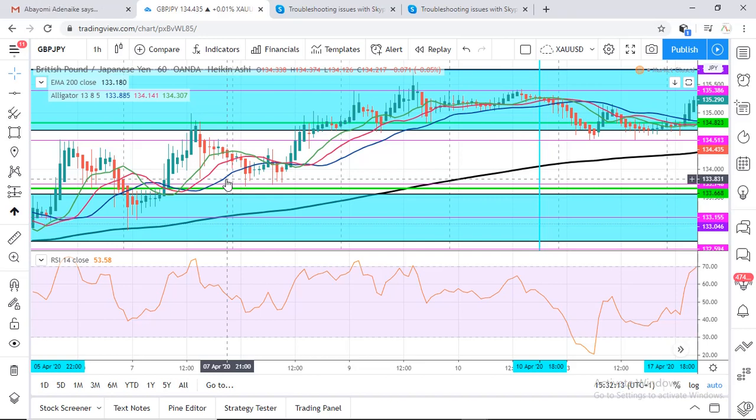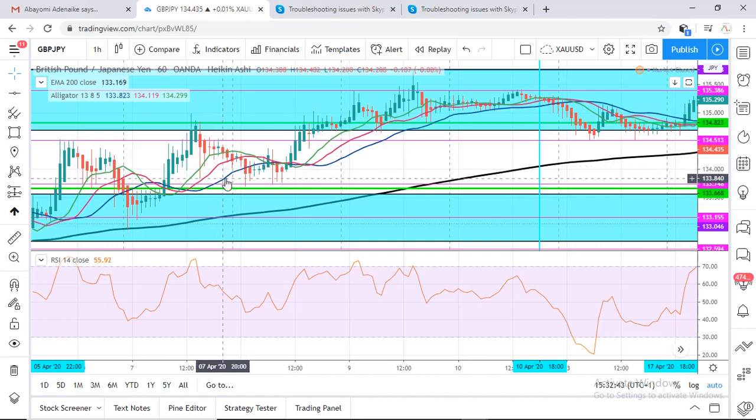Now, what's the importance? The green line responds faster to price change. It's a moving average of 5. And we have the red, which is an exponential moving average of 8.